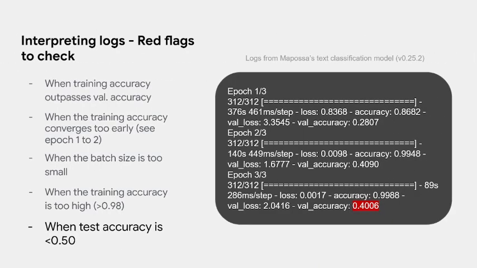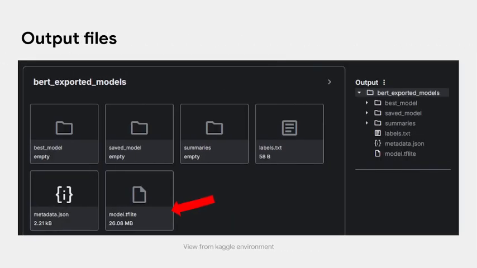And next, we have test accuracy. When test accuracy is less than 0.50, that means your model is not performing well, and that's a red flag to watch for.